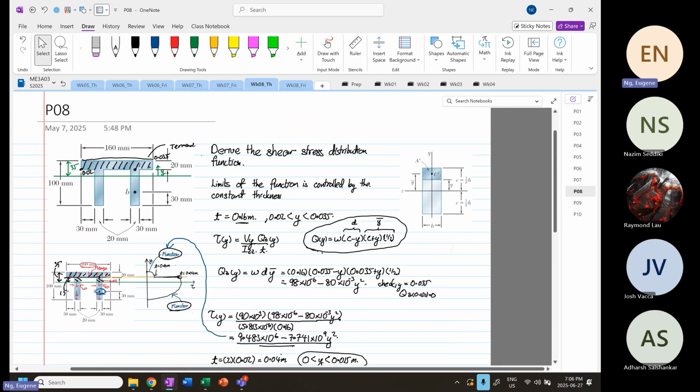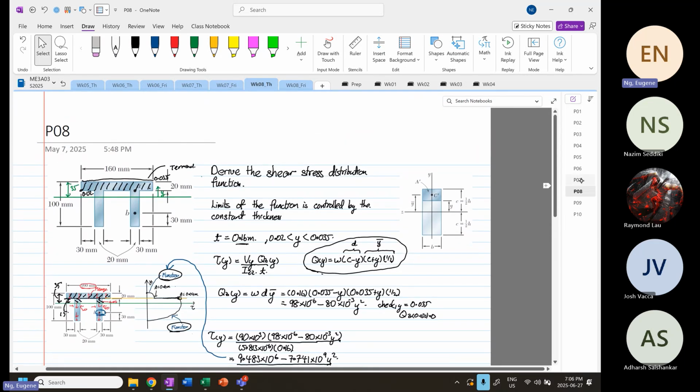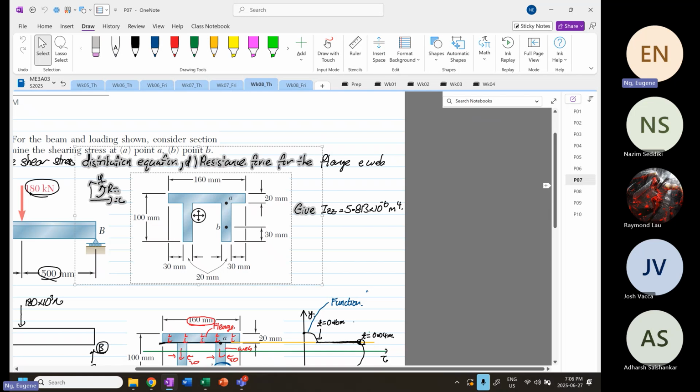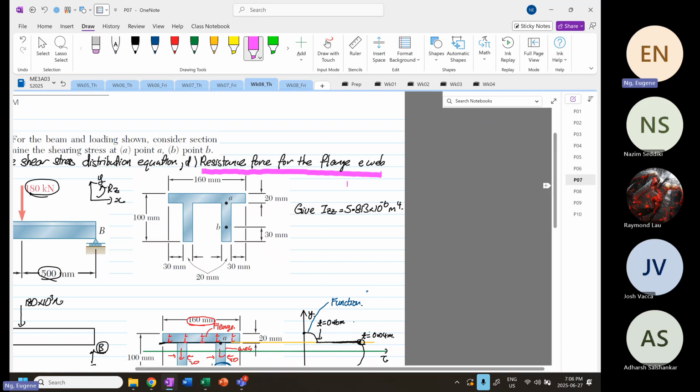So where we are now today, what we are going to carry on, if we look at the problem, we are going to look at the resistance force, the resistance force for the flange and the web.